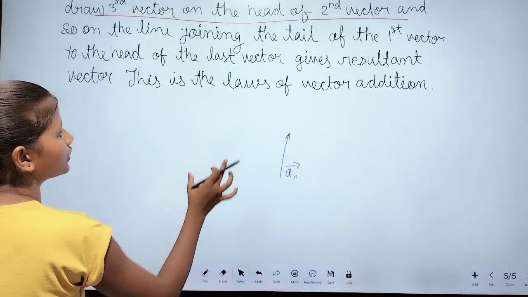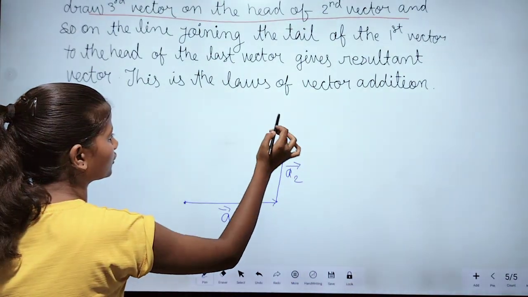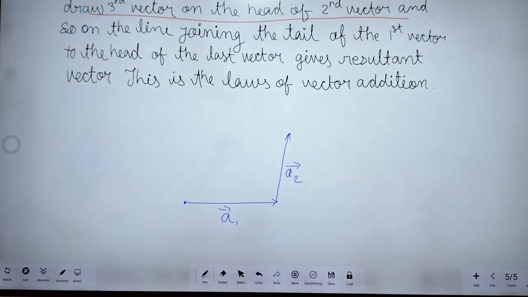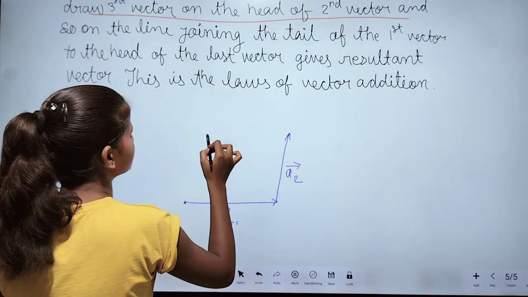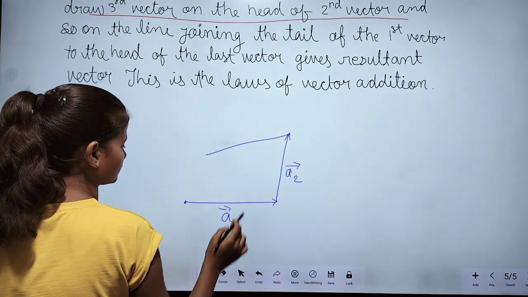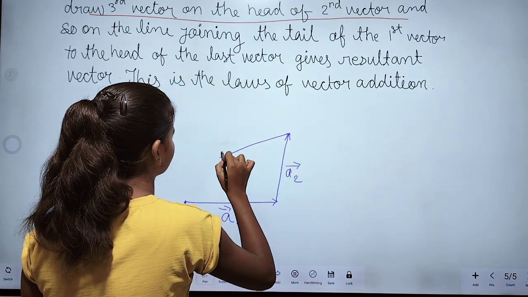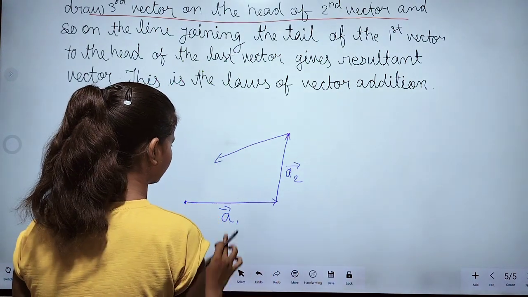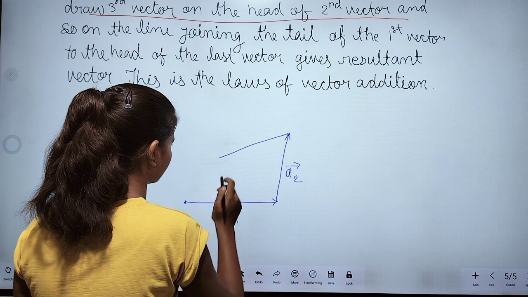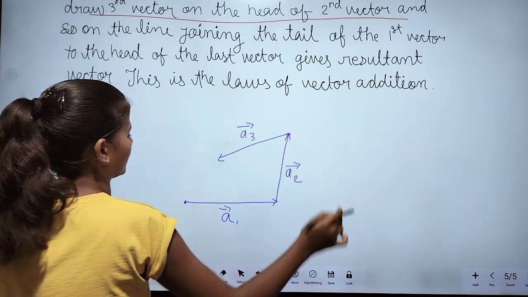This one is the head of second vector. And this one is our third vector A3.